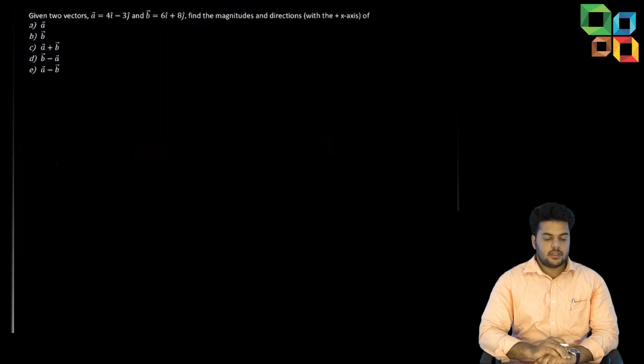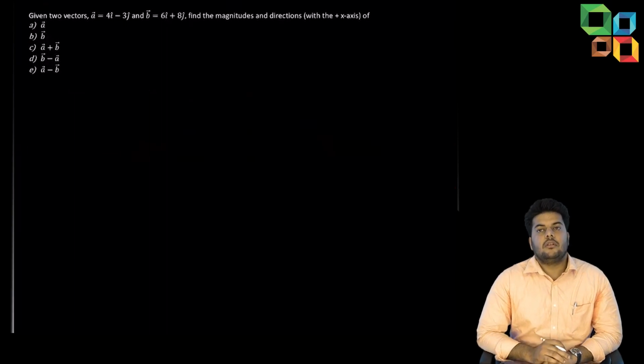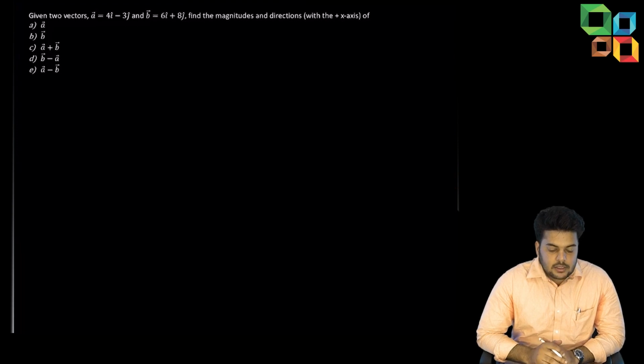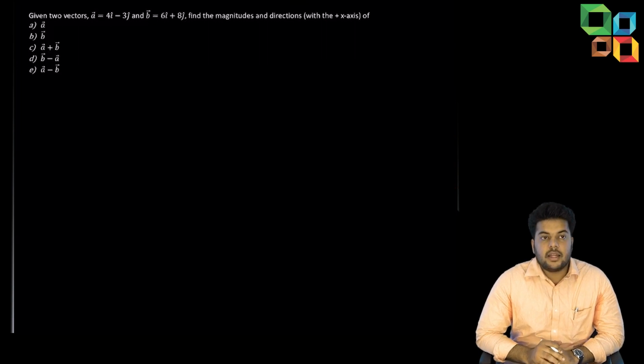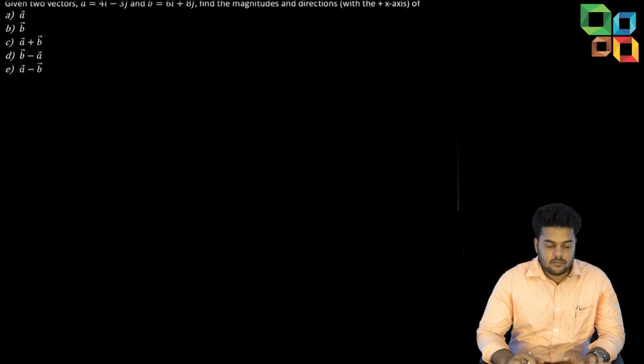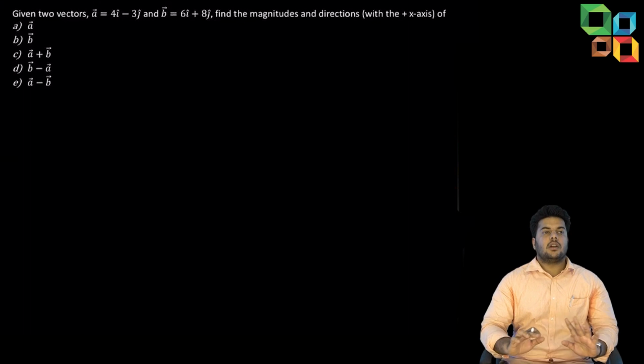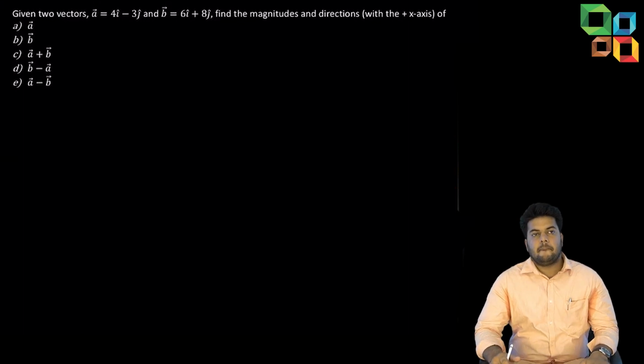Can you see the question there? Is it clear? So given two vectors, okay, two vectors are given. Find the magnitudes and directions. Direction is to be found with the positive x-axis. I hope the question is clear. I can't zoom further than that.